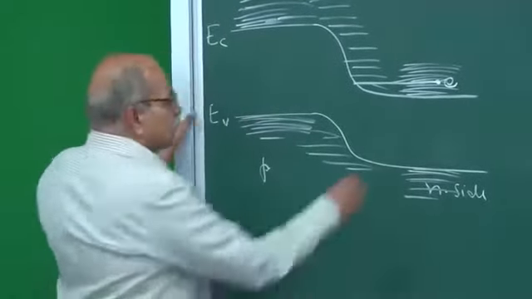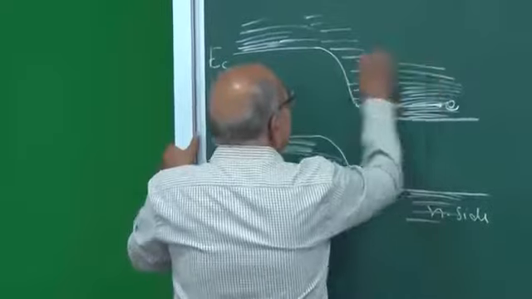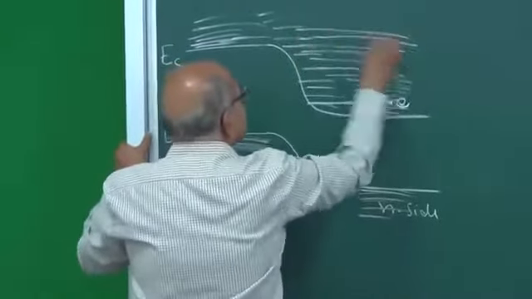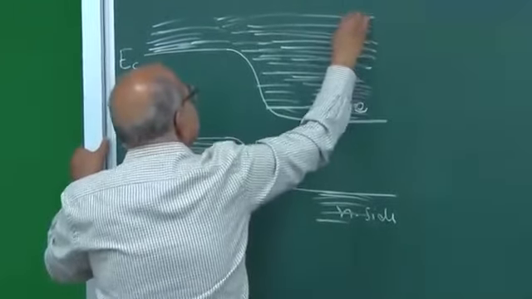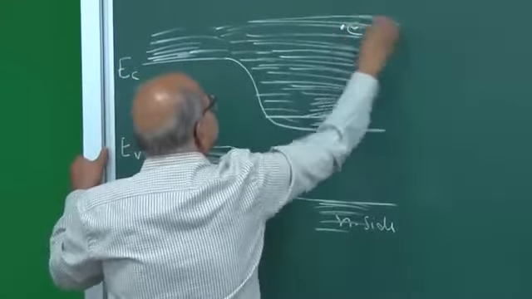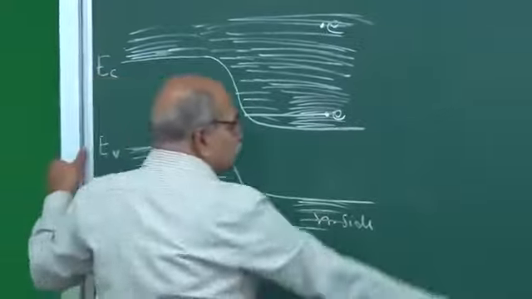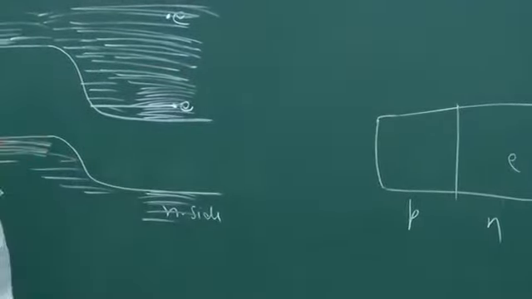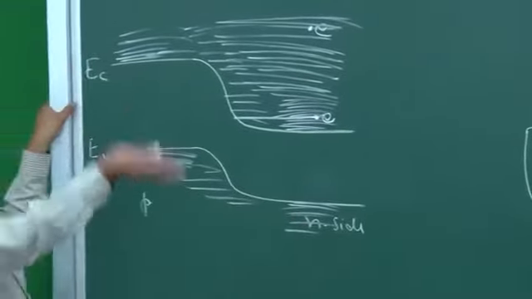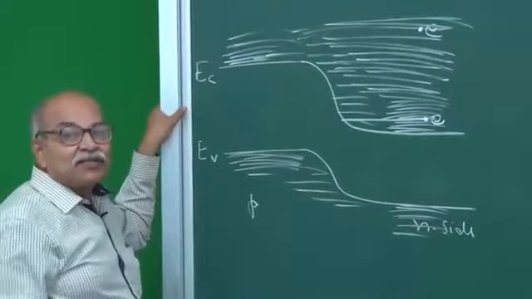But if you have an electron in this quantum state, let us say in this quantum state, so you again take a conduction electron in the n side, but it is occupying a much higher quantum state.